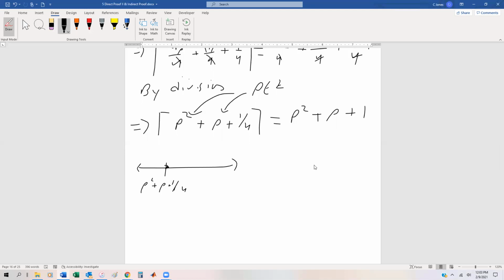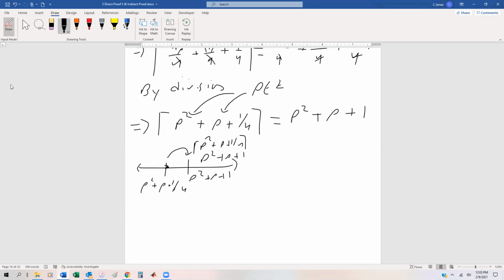Wouldn't that mean that the next integer up from this, in other words, the ceiling, would be p squared plus p plus 1? Since p is an integer, it would be integer plus a quarter, so it would just be the next integer up, which would be p squared plus p plus 1.